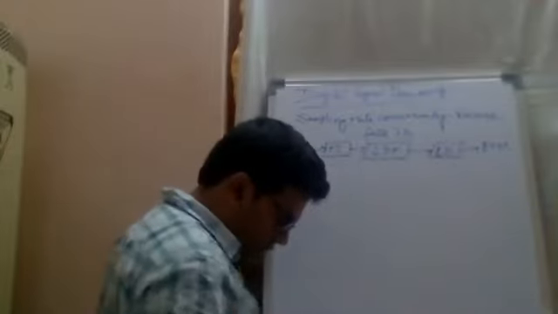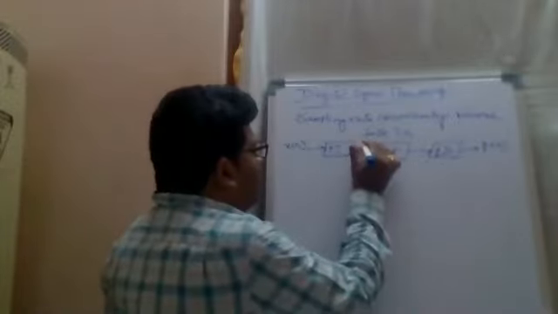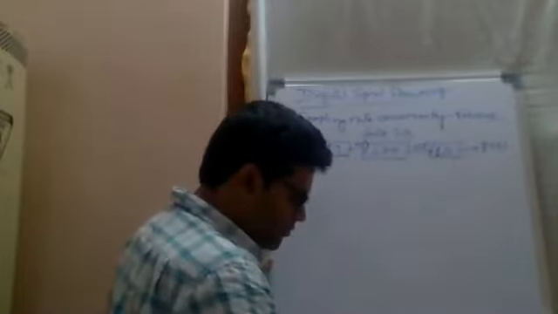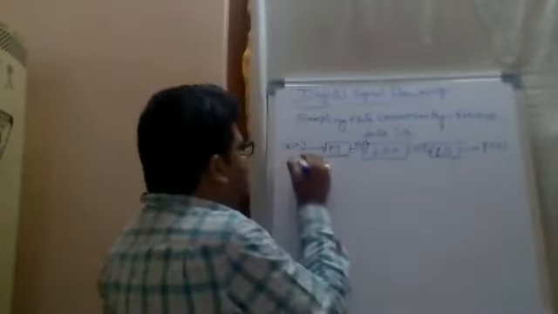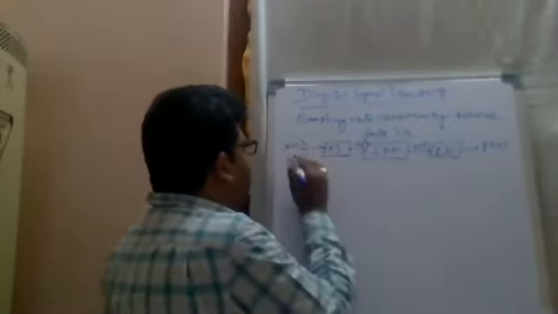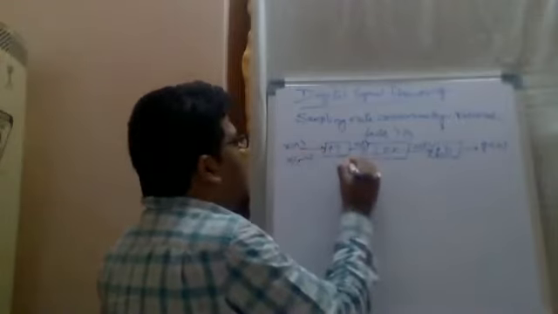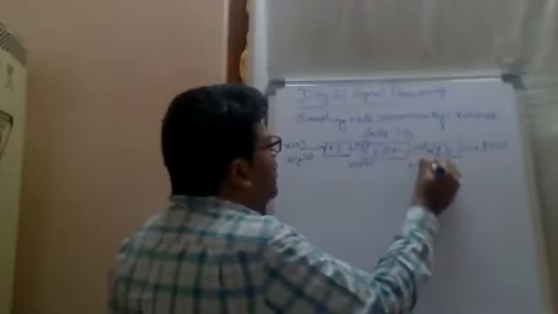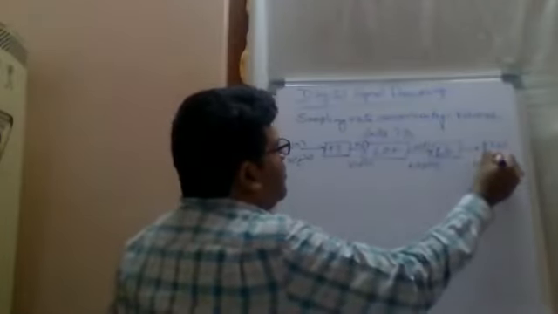Now let us say from the interpolator I have obtained an output v of l. The output from the interpolator is v of l, and this is some w of l and y of n. Right? If I represent in terms of the z transform, this is X of z, or in terms of the frequency spectrum, e power j omega, this is V of e power j omega, W of e power j omega, and Y of e power j omega.